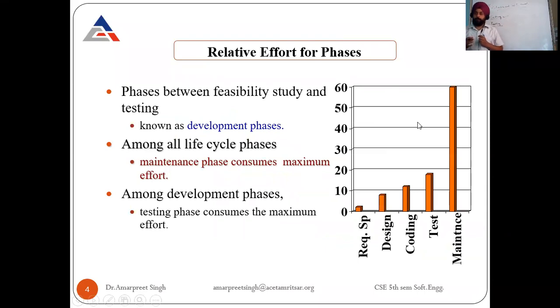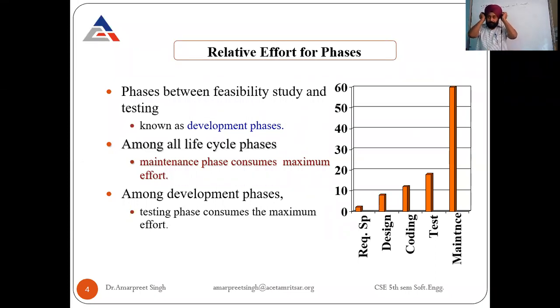So before coming to the problems, what are the relative efforts for the phases? You will see, the phases between the feasibility study and the testing are also known as the development phase. Among all life cycle phases, the maintenance phase consumes maximum effort, that is after delivery.